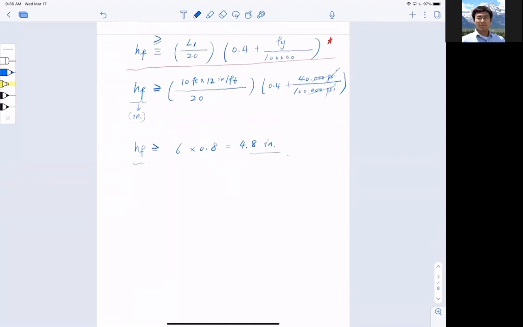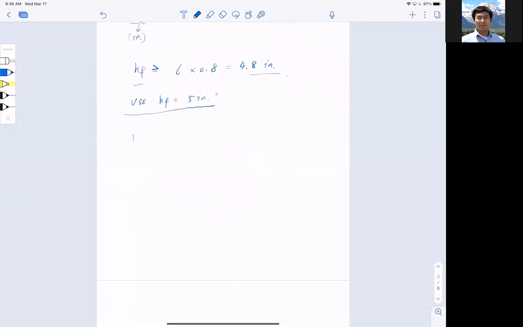Of course, you don't want it too tall, because you lose structure height. For a parking garage, where a one-way slab is usually used, you might have a problem running into the ceiling. So in this case, we'll use the height of the slab to be 5 inches, slightly higher than that. With this estimation, I can start looking at my slab.